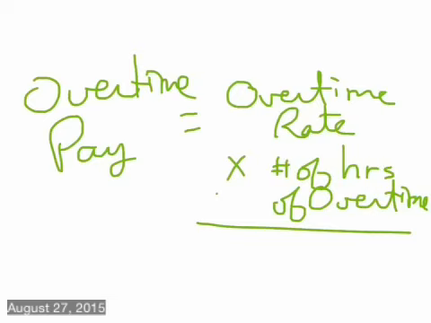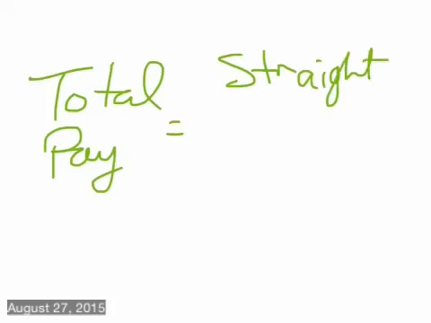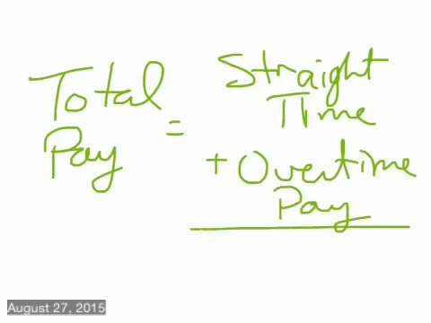Then the last formula today is going to be the total pay. How you figure that out is you take the straight time pay, which is what you did yesterday, and you add your overtime. Okay?